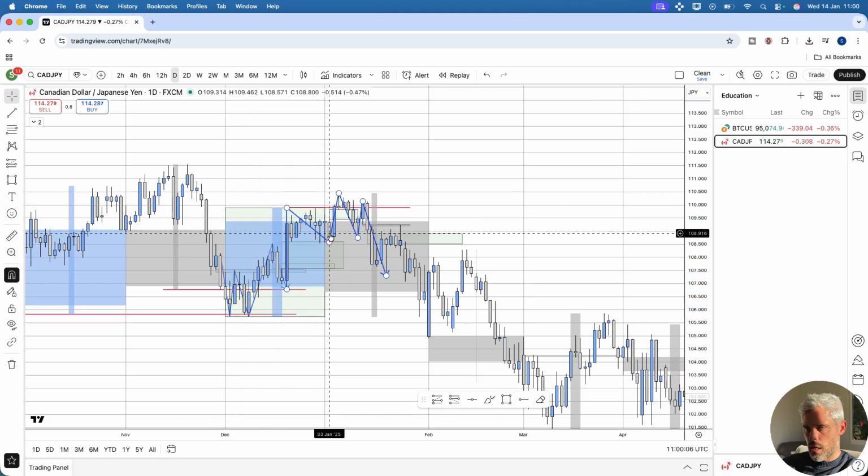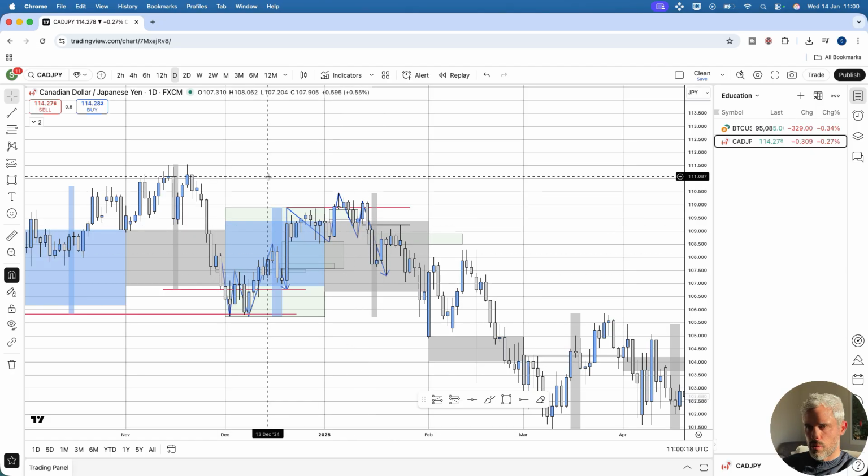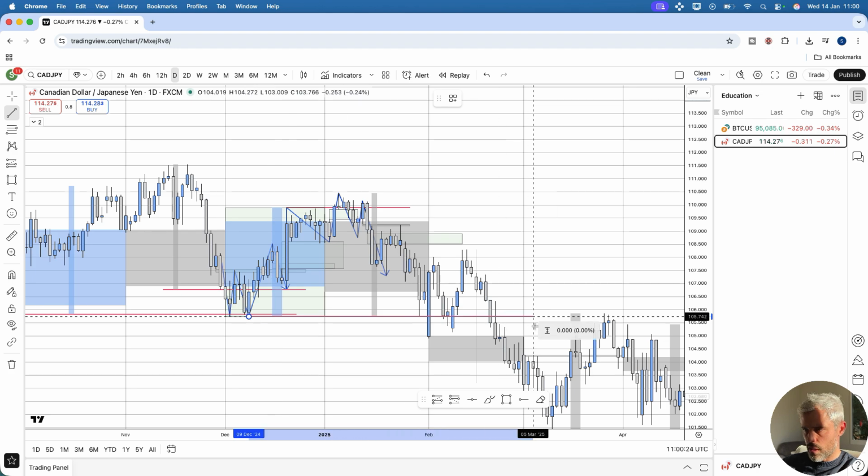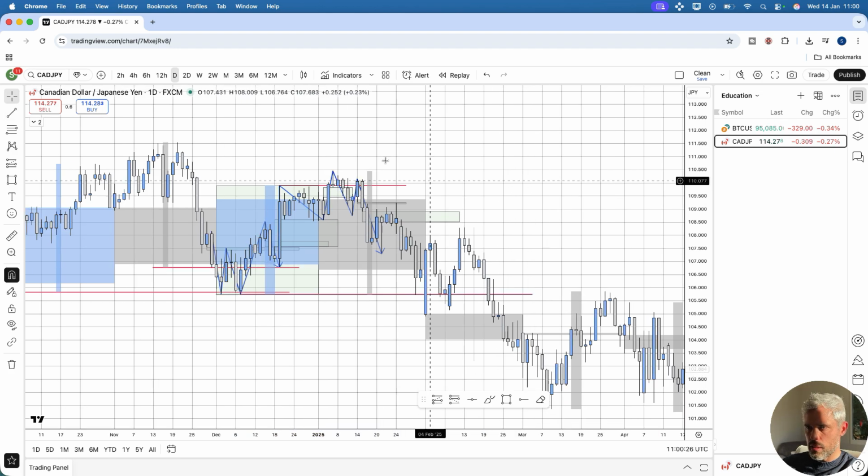So the start of this new candle starts bullish. We get a retracement into this order flow right here, fails to sustain and closes bearish, liquidating the high of this candle's range. So straight away, we expose this low in the market to be targeted.